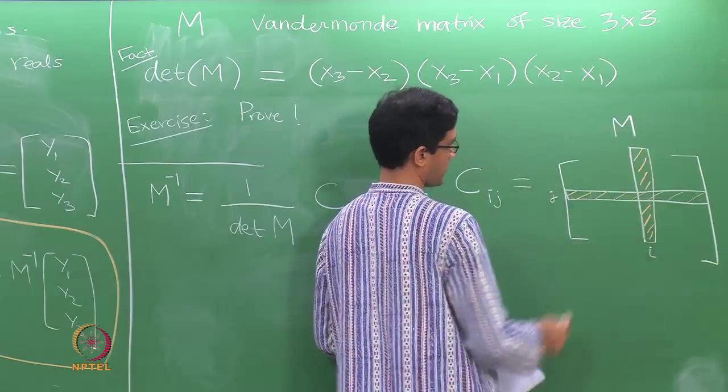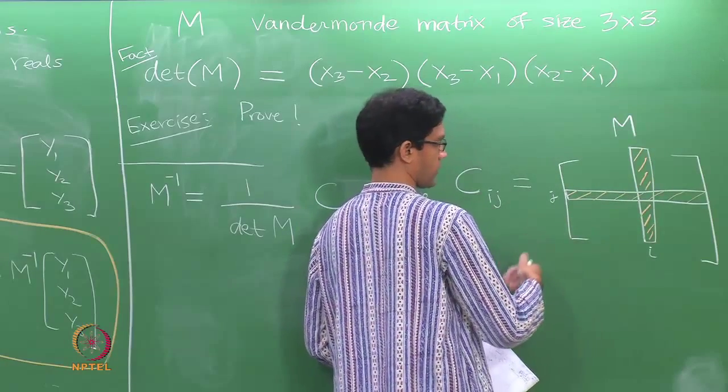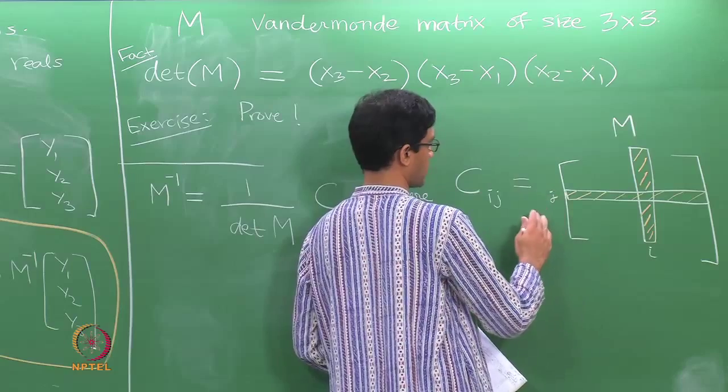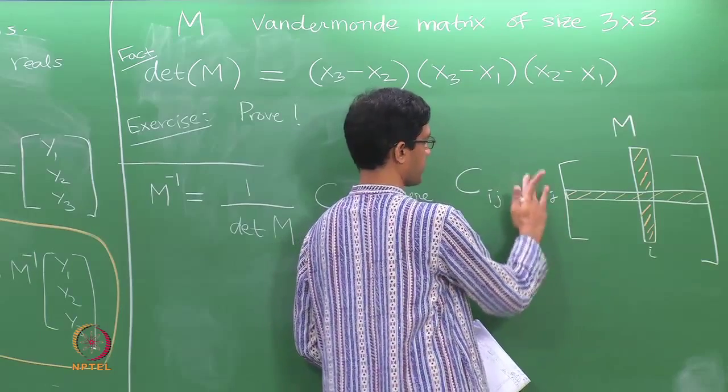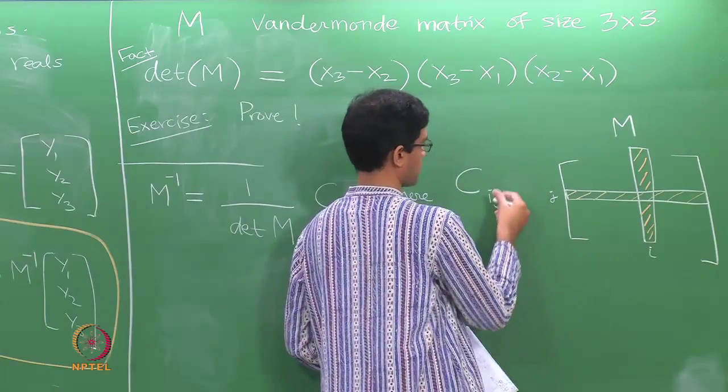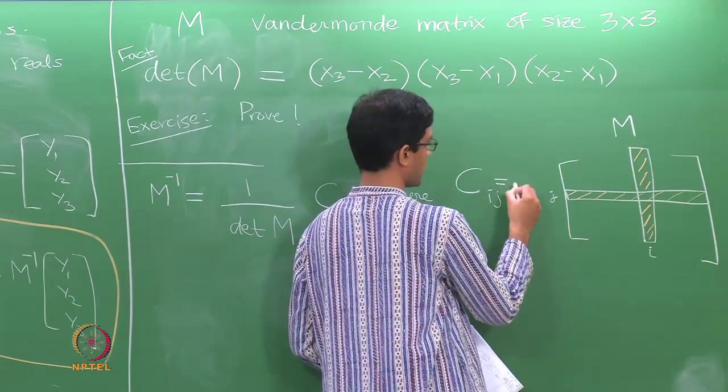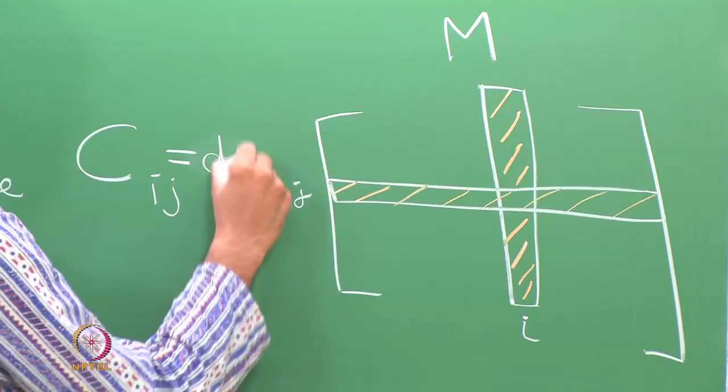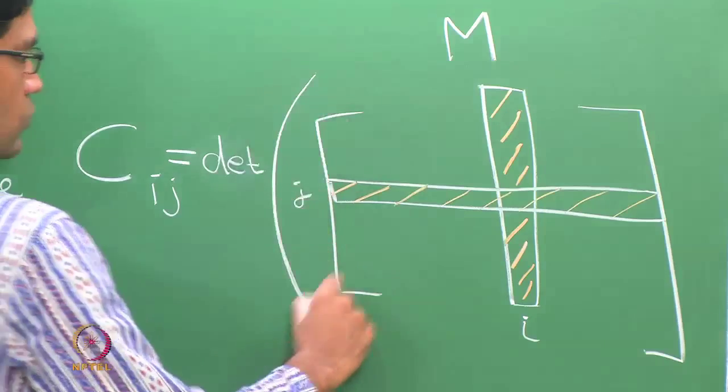What you're left with now is a matrix of size 1 lower. In general, if it's an n cross n matrix, you'll be left with something of size n minus 1 cross n minus 1. In this case, since M is 3 cross 3, you would get a 2 cross 2 matrix, and you take the determinant of that 2 cross 2 matrix.